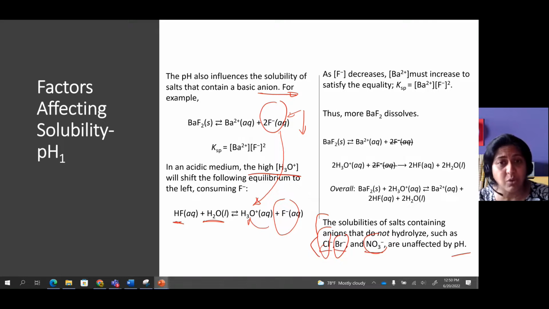The anions of the strong acids are not affected by the pH. Only the anions from the weak acids are affected by the pH or the hydronium ions.